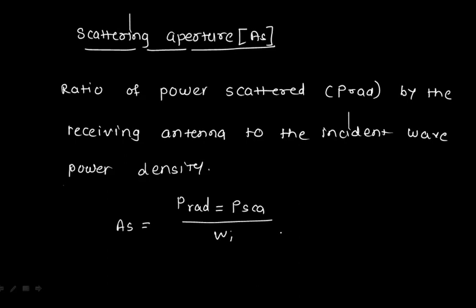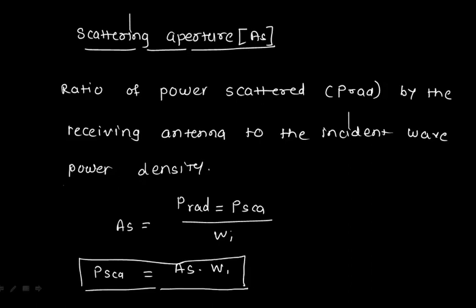If I'm interested in calculating P scattered, how will I calculate it? P scattered is equal to AS into WI. Simply multiply your incident power density with the scattering aperture. Okay. So the next aperture is the loss aperture, denoted by AL.